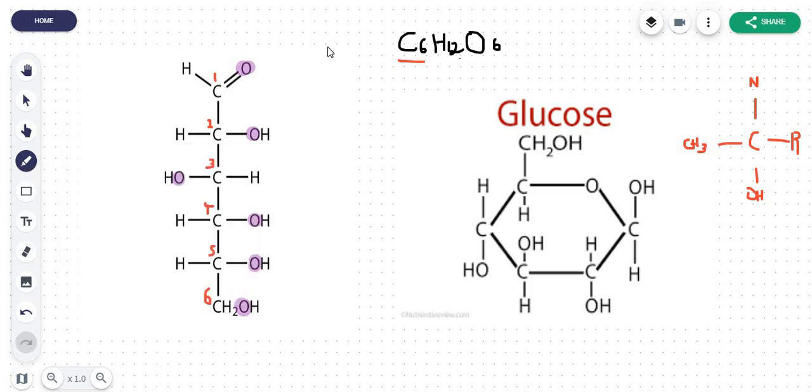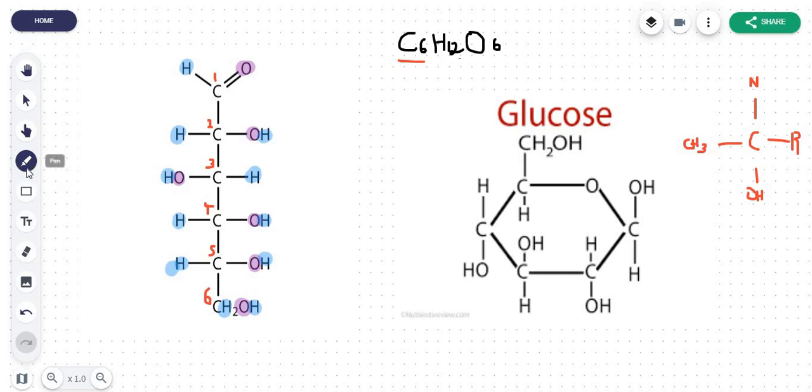Note that you can also fill them up with oxygen, right? You have to, because automatically you'll have to. That's 1, 2, 3, 4, 5, 6, 7, 8, 9, 10, 11, and 12. Now this particular part here, you can also further open it up, but to save space, that's how we are going to write it down.